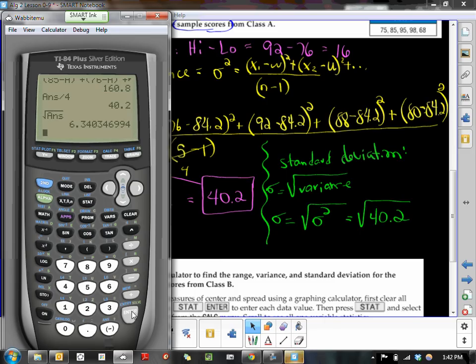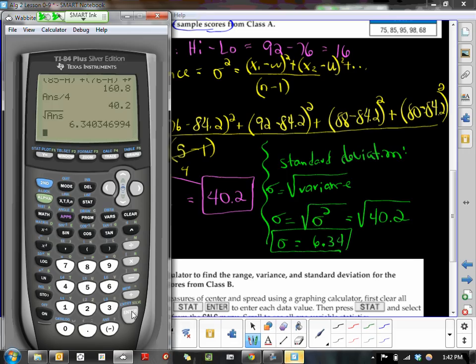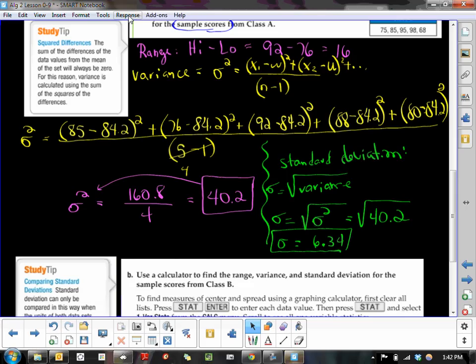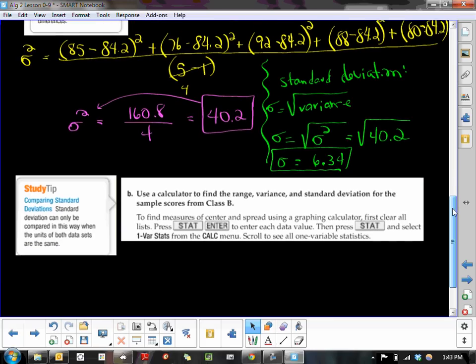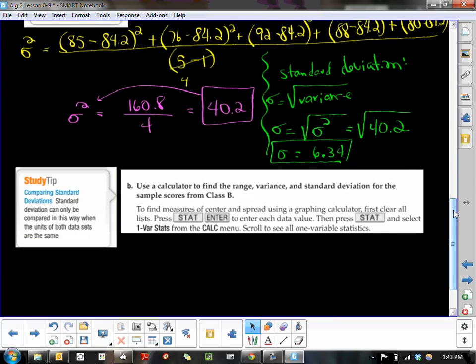And our standard deviation for our sample is 6.34. A lot of times we'll go to the hundredths place on standard deviations and variance. Okay, so there's an example of what to do to find the range, variance, and standard deviation.